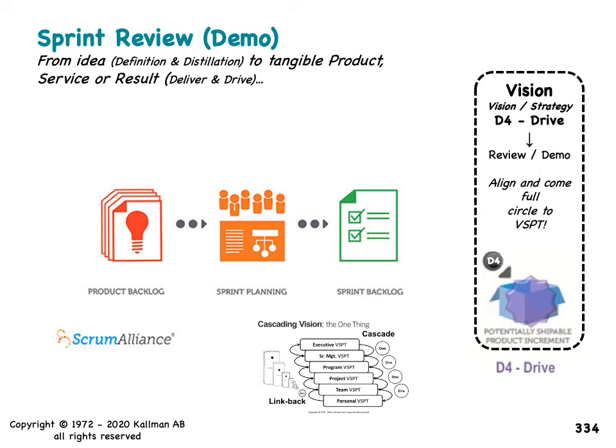And we go through the power of the one thing in the Flow Certified Professional Training video series. So, but it's really important here, coming out of the retrospective, which is in addition to the sprint review, you need to be able to make that link back and do the link back going up the food chain. And a company that can do that well is going to tear up the market.